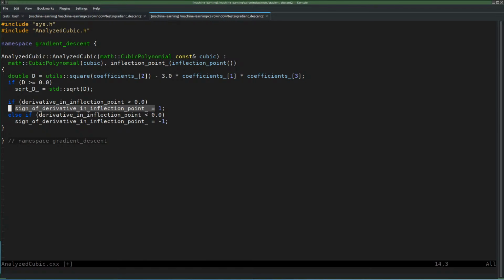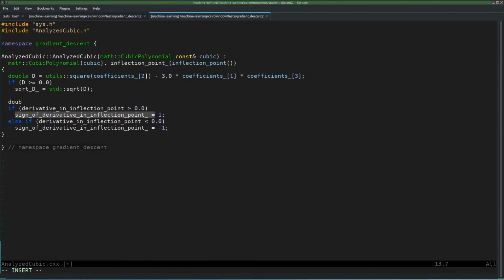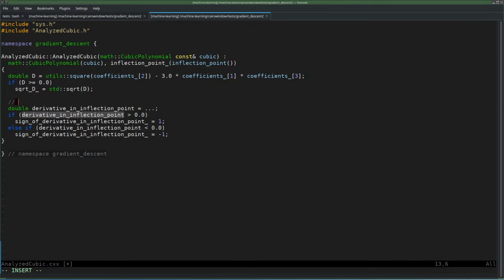Okay, now I need to calculate the derivative at the inflection point. I could just calculate it by passing the inflection point to the derivative, but it feels like I'm then probably doing too much calculation. So what do we really have?